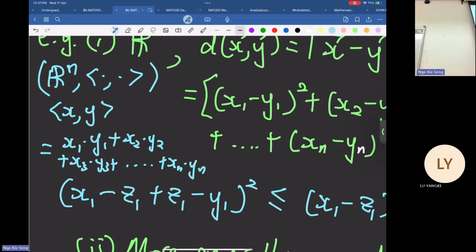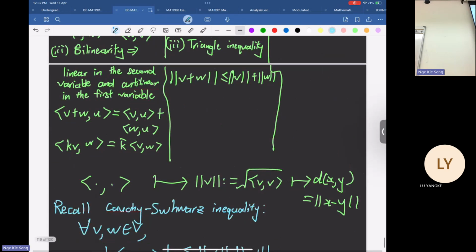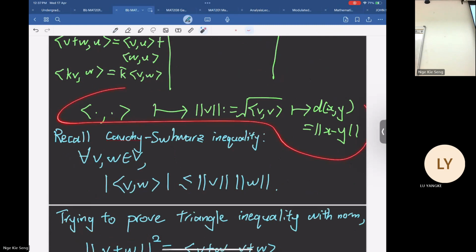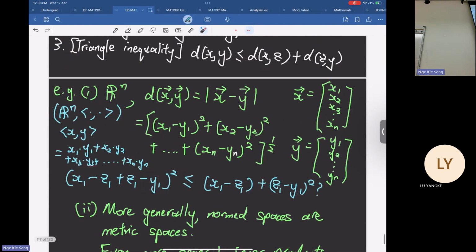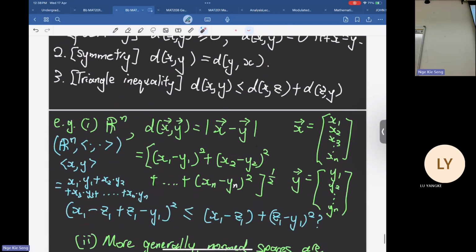This is the dot product on Rn. If you go through the process, it gives you the Pythagoras way to calculate distance. So we say that this metric is induced by the inner product, because you can use this inner product to define this metric.